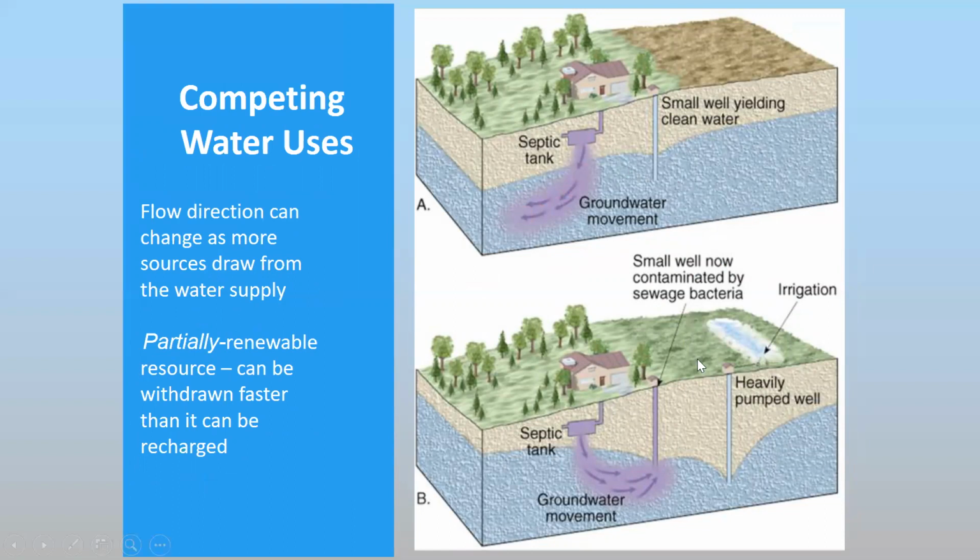Then there's some development, whether it's a new subdivision, or in this case, a large irrigation well, and you can see where the groundwater has shifted to a different direction because of this large irrigation well. So again, it shows the dynamics of groundwater movement and the influence of various types of human activity on that groundwater movement.